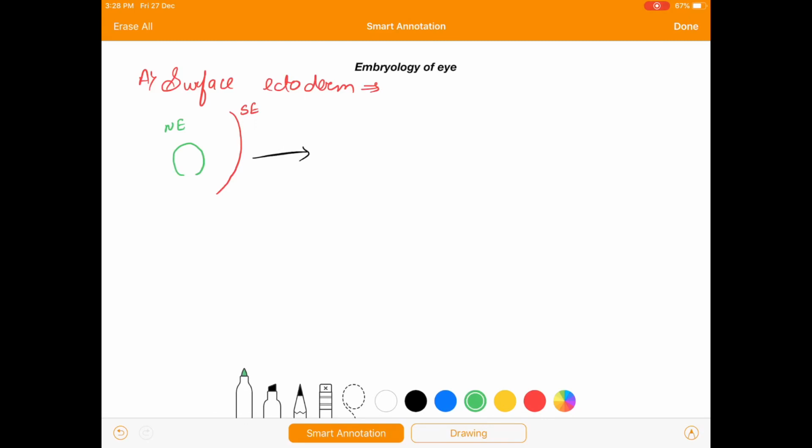From this neuroectoderm, there is a protrusion of a structure which is called the optic stalk. This optic stalk continues to grow towards the surface ectoderm.